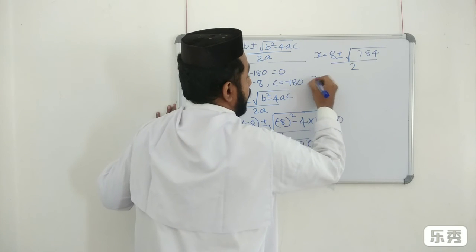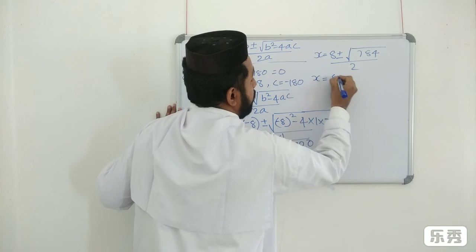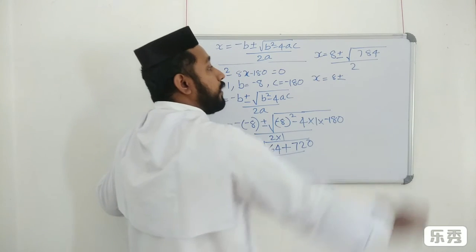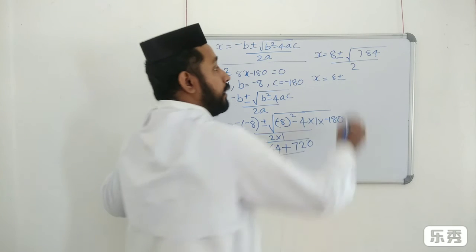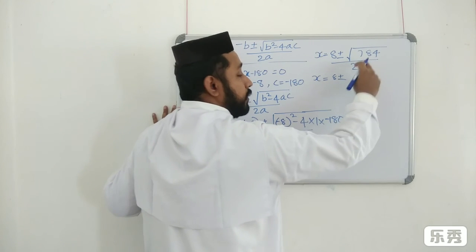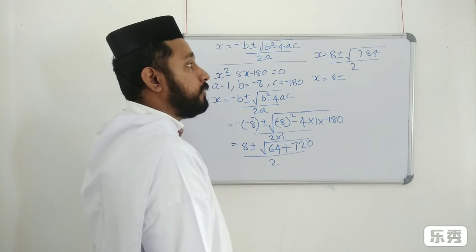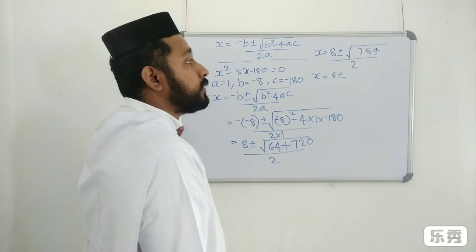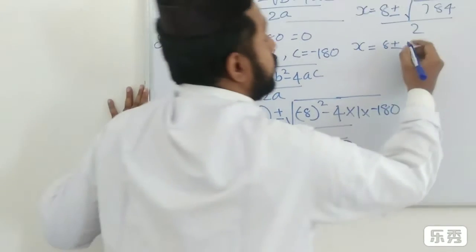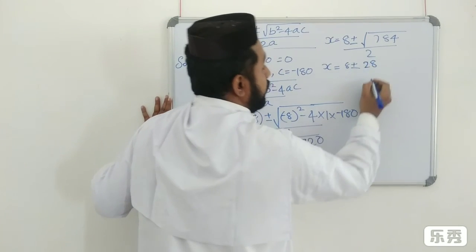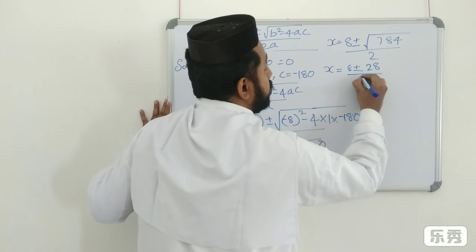Root of 784 means 28, because 28 square is equal to 784. Therefore, root of 784 is equal to 28. So 8 plus or minus 28 divided by 2.